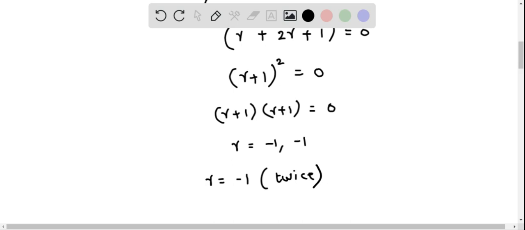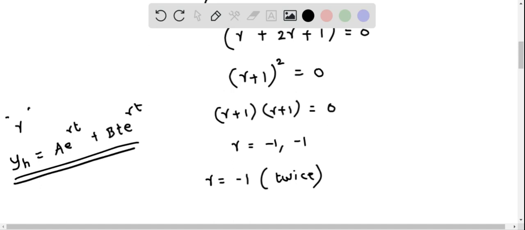So we can say that the solution to this equation is, suppose if r is repeating, let's say r. Since it repeats, we don't have r1 and r2, it's just r. Then we write down the homogeneous solution, and this equals a e power rt plus bt e power rt. So we can use this formula.